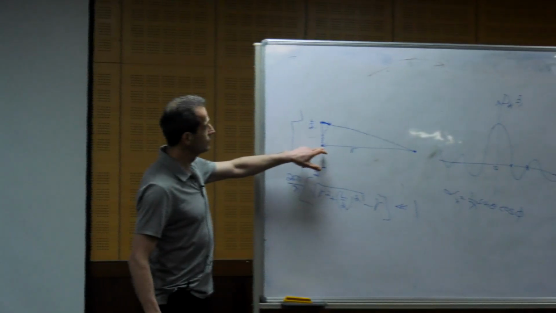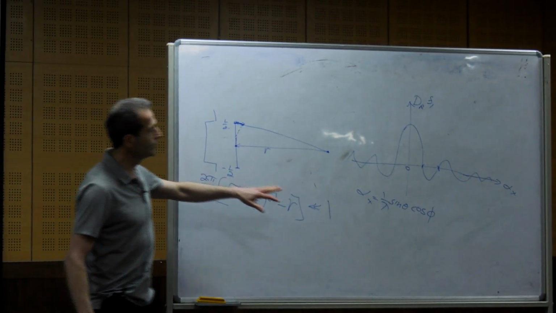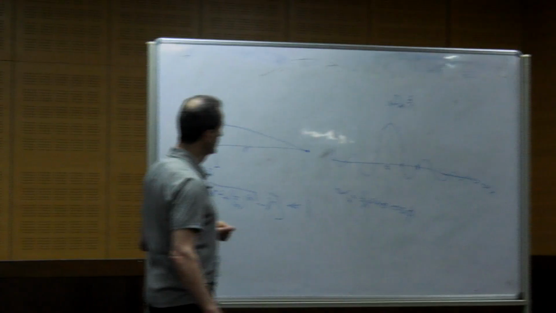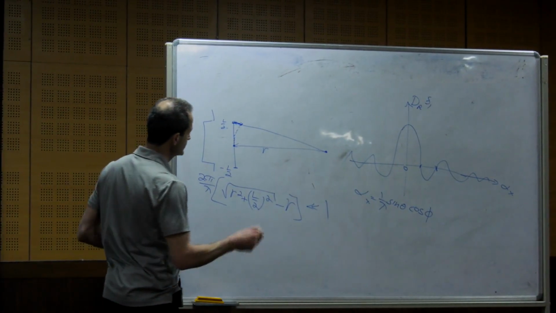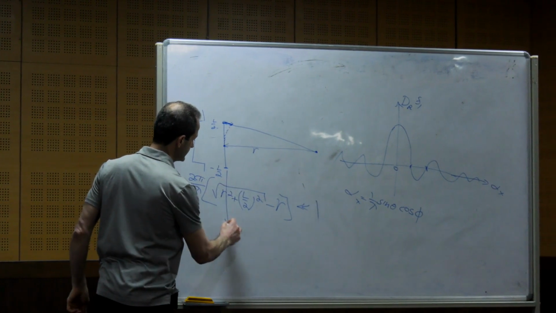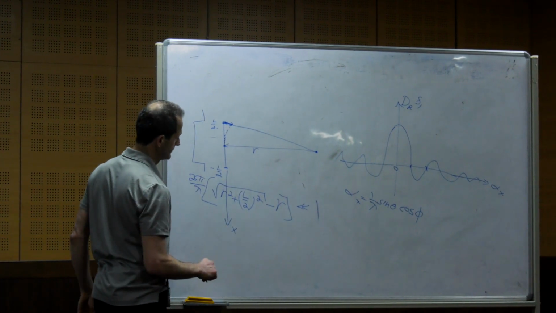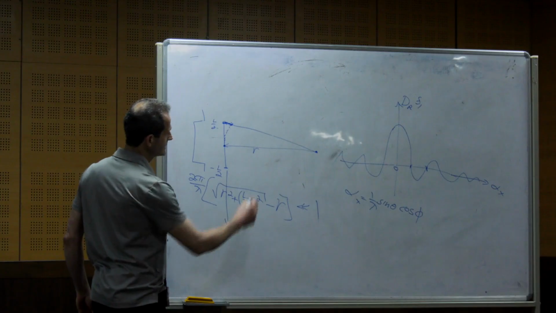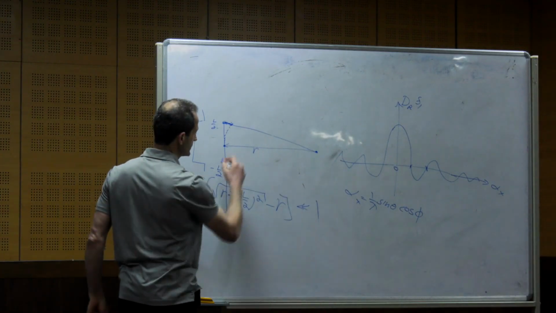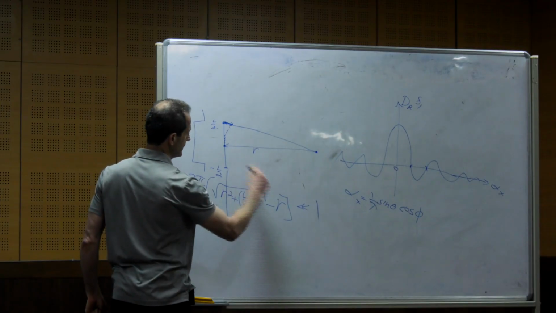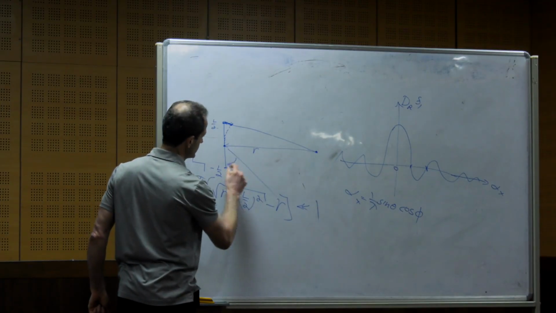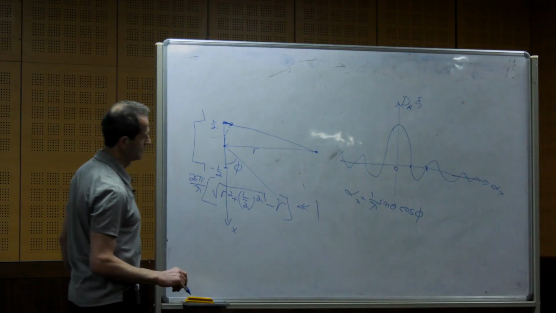But sometimes we want to see, suppose that this is x, the x direction, and the source comes from a certain direction compared to x. So this is phi.